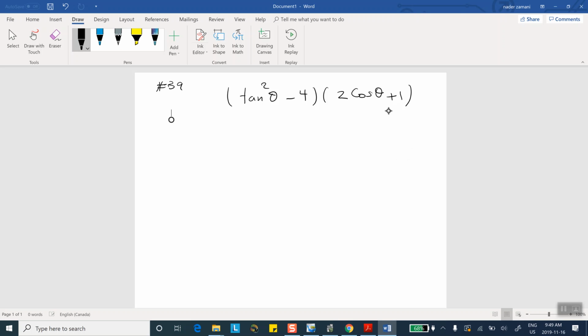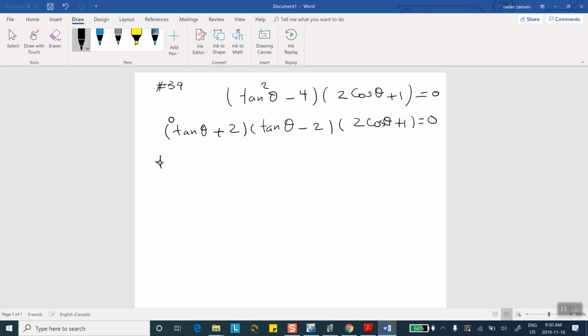Now, this doesn't give you directly cosine of theta or tangent of theta or sine of theta, but you can actually get them. You can write it as tangent theta plus 2 times tangent of theta minus 2 times 2 cosine of theta plus 1 equal to 0. Okay, so what does that mean?